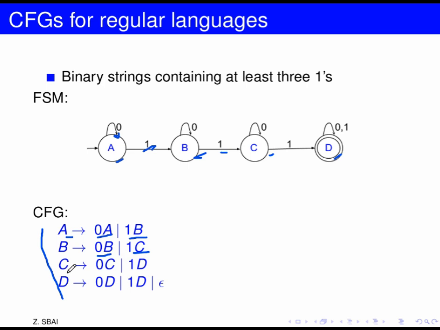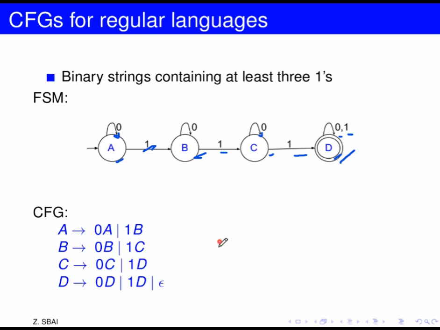And for C, it will be 0C or 1D. We'll write the rules here. And for the final state D, D is substituted by 0D, if we see a 0, we stay in the same state D, or 1D, since we will also stay in the same state D if we see a 1 in the input, or epsilon, since it's the final state.